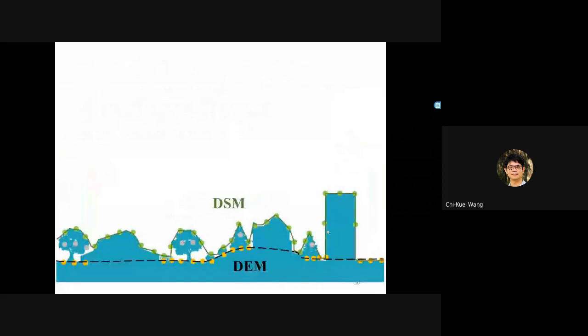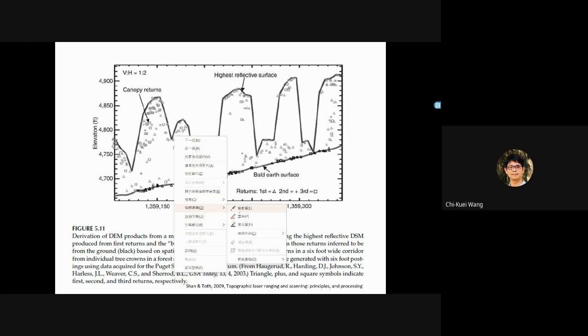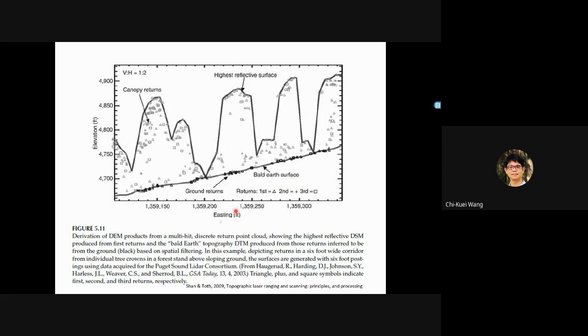So we talk about the DEM and DSM. This is an example showing those different symbols. The triangles are the first return, the plus are the second return, and the squares are the third returns.